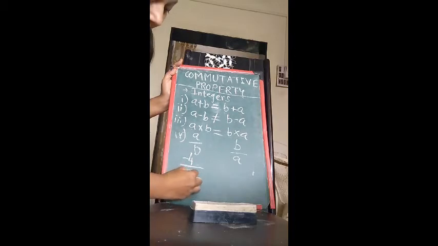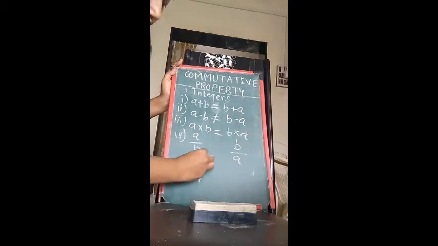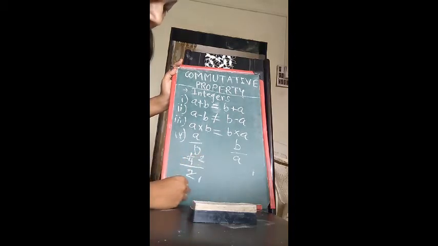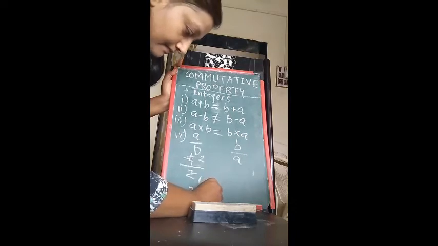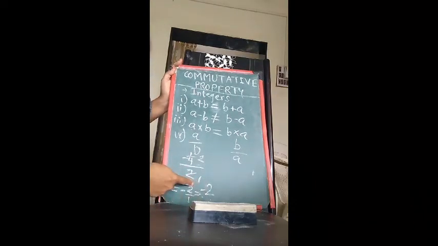So we can directly write 2 ones are 2 and 2 twos are 4. So the answer is minus 2 upon 1, which is the same as minus 2. Can you see this? Up to this, minus 2 upon 1 is the same as minus 2.